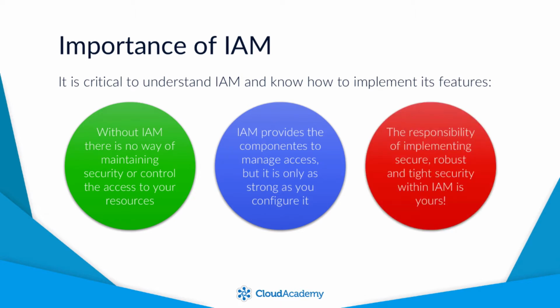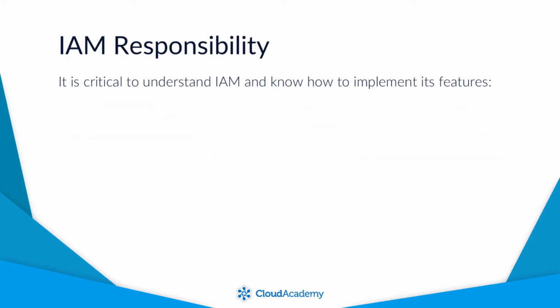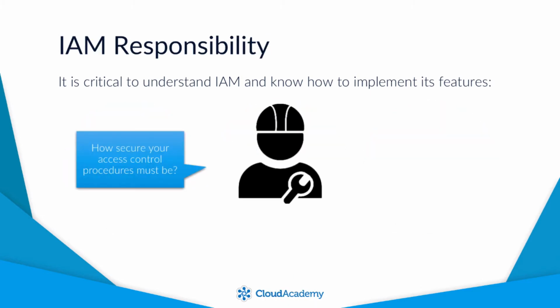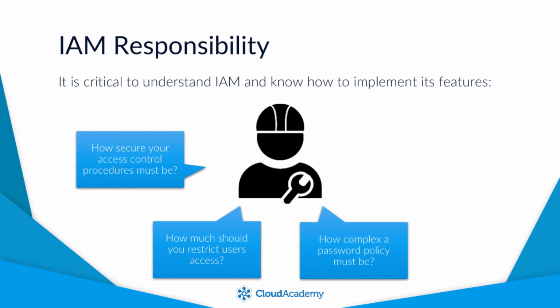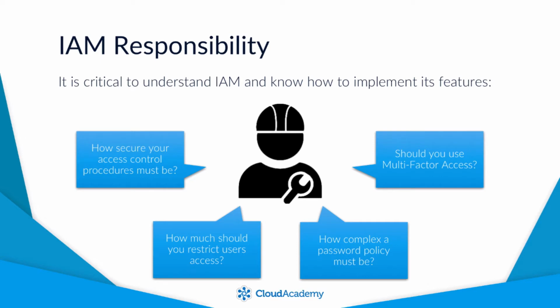The responsibility of implementing secure, robust and tight security within your AWS account using IAM is yours, the owners of the AWS account. You must define how secure your access control procedures must be, how much you want to restrict users from accessing certain resources, how complex a password policy must be, and if users should be using multi-factor authentication. All of this and much more is down to you to architect and implement, and much of it will likely depend on your own security standards and policies within your information security management systems.